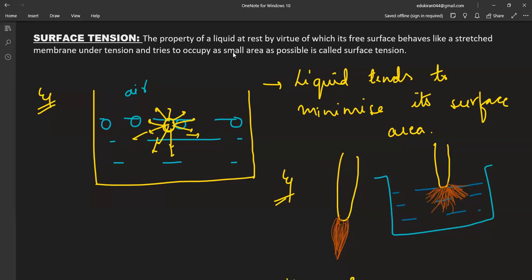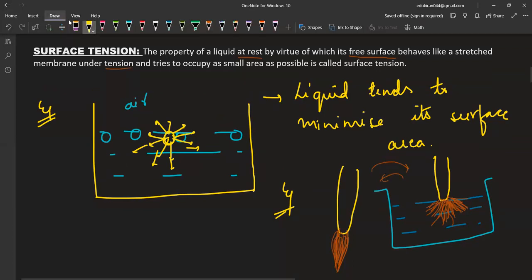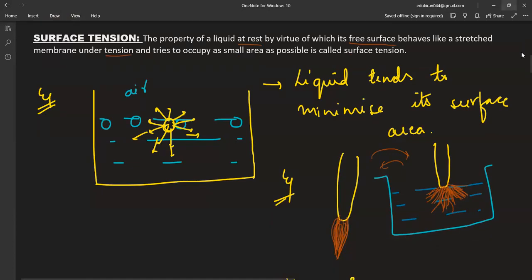So the property of a liquid at rest, by virtue of which its free surface behaves like a stretched membrane under tension and tries to occupy as small area as possible, is called surface tension. This is occurring because of the phenomenon of surface tension. Fine. This you have to remember about surface tension.